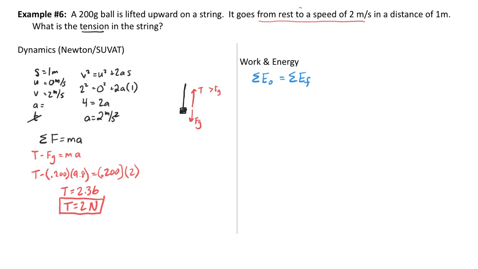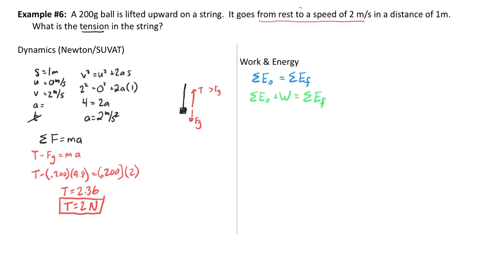But because there is work being done, the tension is going to do work, because the tension is pulling parallel to the direction of the motion. It's causing it to accelerate. It's going up and gaining kinetic energy, which means we have to be adding some energy into the situation. So we are going to modify this slightly: the sum of the initial energies plus the work being done needs to equal the sum of the final energies.